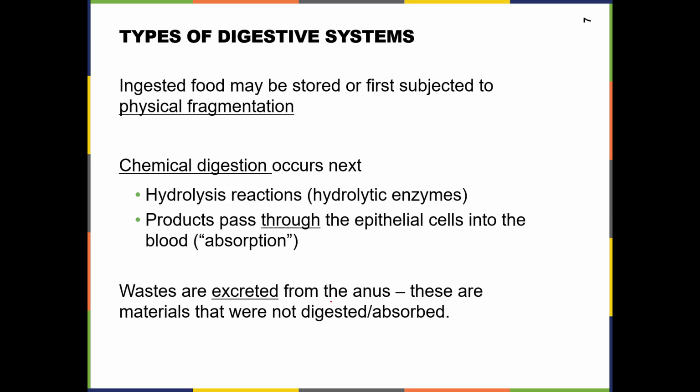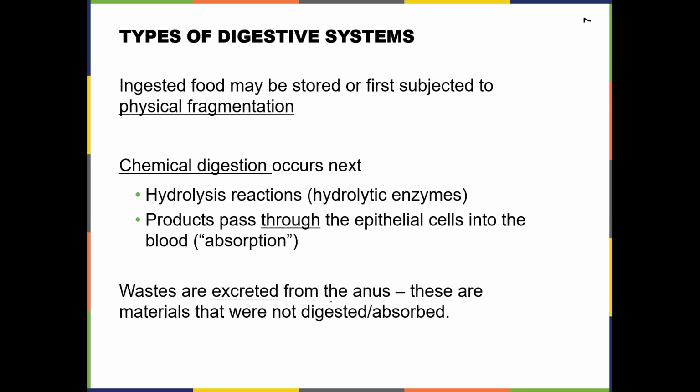They break the peptide bonds that exist in proteins. They break the ester bonds that exist in fats and such. And the products of those hydrolysis reactions actually move into the one face of the epithelial cells.